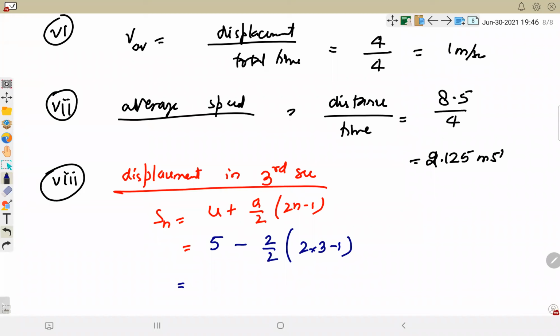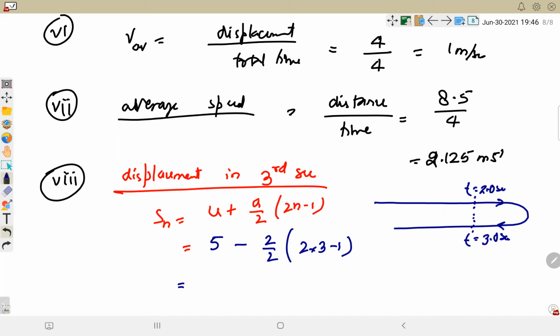How much will the displacement be? What is the displacement coming out to be? So 0. That means at the beginning of the third second, it was going in the forward direction, and at the finishing of the third second, it came back to the same position.